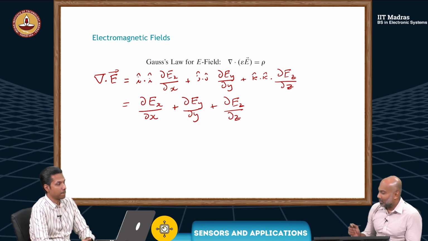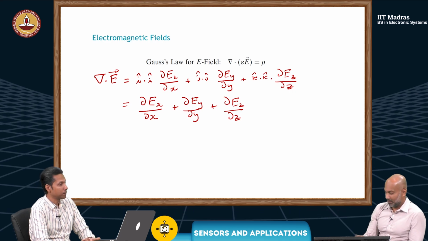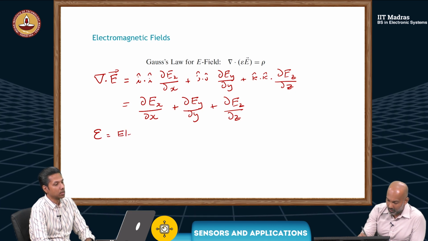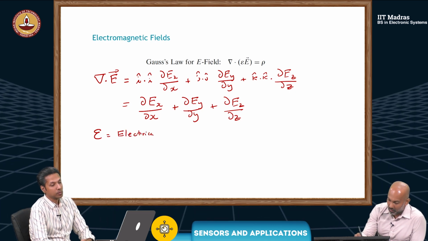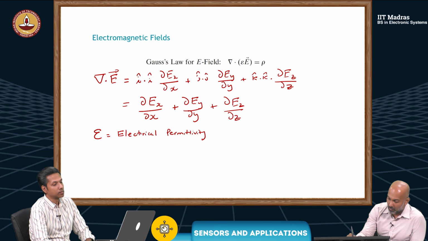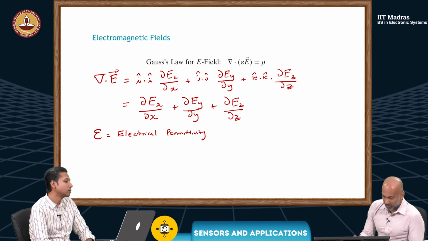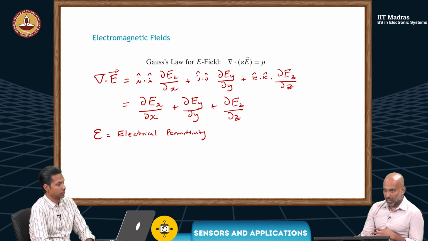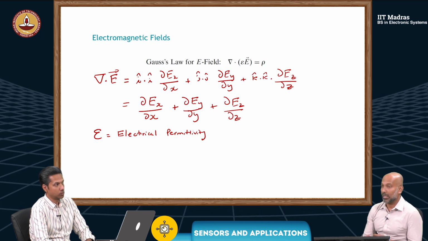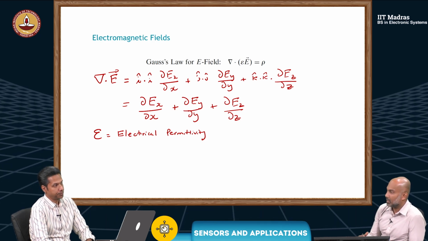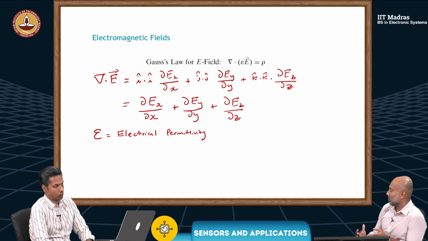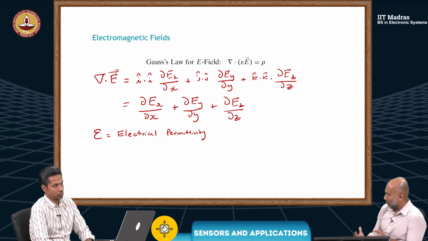So you've been talking about this electrical permittivity. This is epsilon. Permittivity is basically the response of a material to an electric field. Another way of saying it is how much a material polarizes when exposed to an electric field.